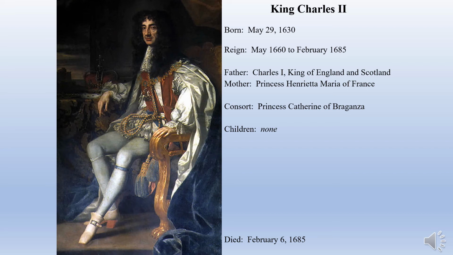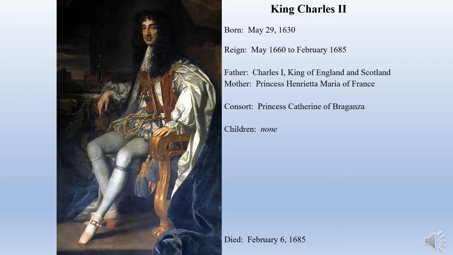Now, Prince Charles has been considering himself to be king for quite a long time. Charles has been declaring himself king from the time of his father's death in 1649. He has been styling himself as King Charles II. But when they come to him in the Netherlands, where he is at this point, they ask him to guarantee certain rights and privileges for the English.